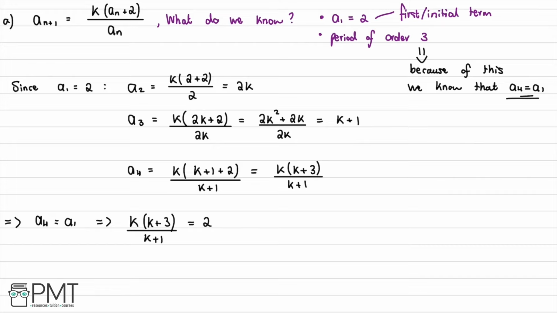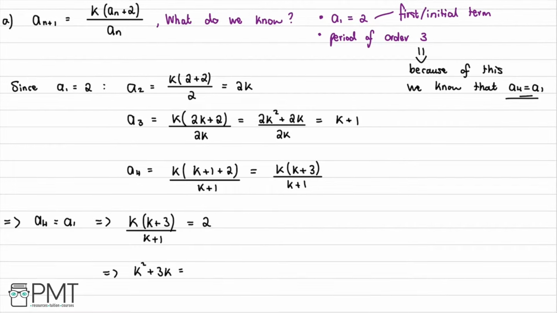Then we'll rearrange this. We first expand our bracket, so we have k multiplied by k, which is k squared, then we add on 3k, and then if we multiply both sides by the denominator, k plus 1, we'll have 2 lots of k plus 1, which is equal to 2k plus 2. We can then simplify this further.